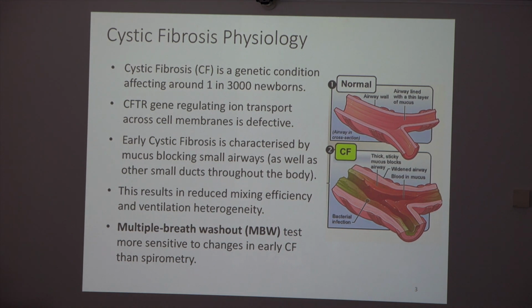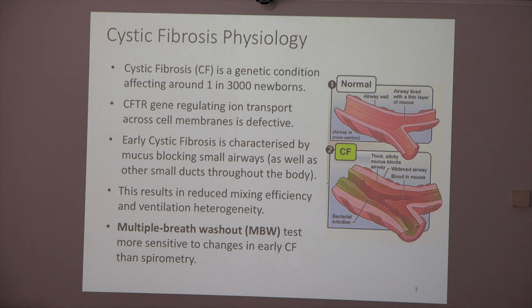They'll have normal spirometry results and not feel short of breath, but it's a symptom that things are happening in the small airways that will later have worse knock-on effects and lead to more permanent damage. This is where the multiple breath washout or inert gas washout method comes in. It measures the ventilation heterogeneity much more sensitively than spirometry, and therefore you can know when changes are occurring before you'd see them in spirometry or even in CT.